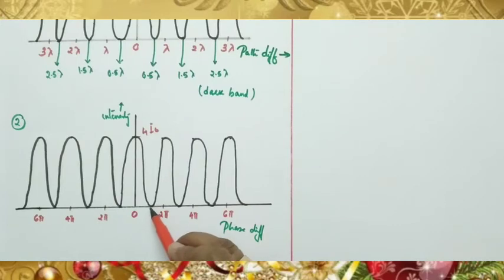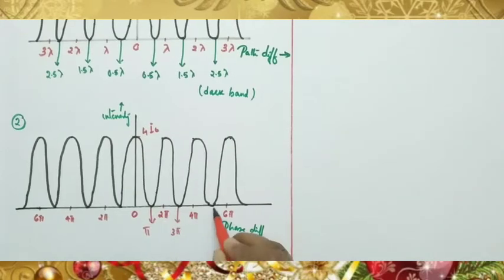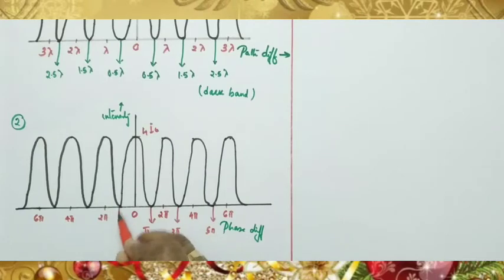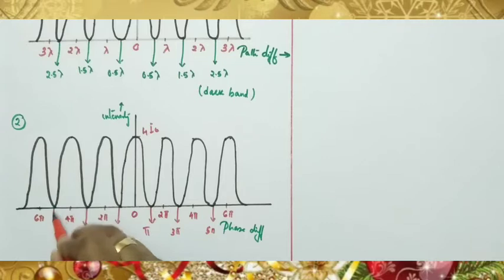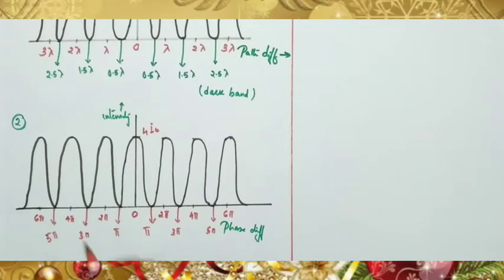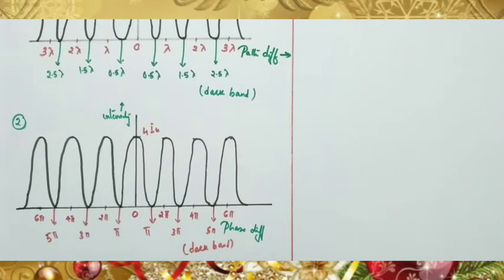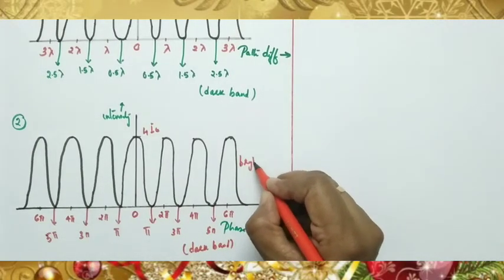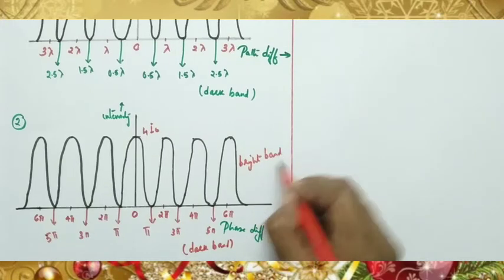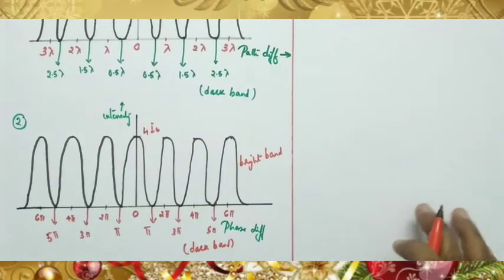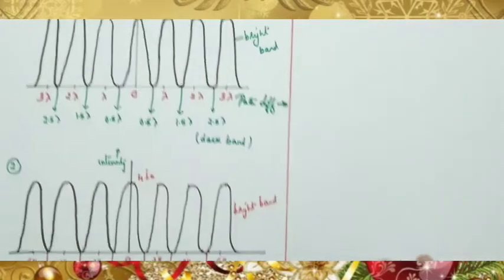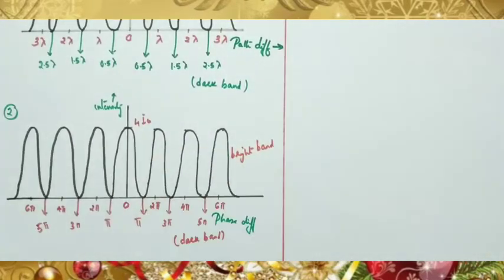And at π, 3π, 5π, etc., here also on the other side π, 3π, 5π, etc., all these correspond to dark bands where the intensity is 0, and this corresponds to bright band where the intensity is maximum, which is 4I0. So we can plot the graph between path difference and intensity. We can also plot the graph between phase difference and intensity.